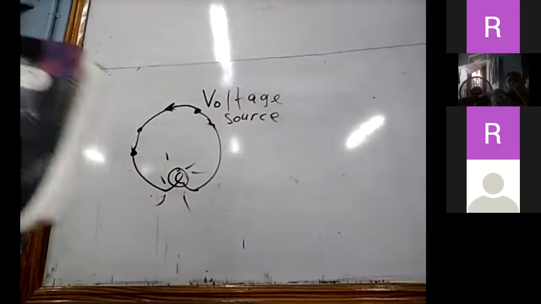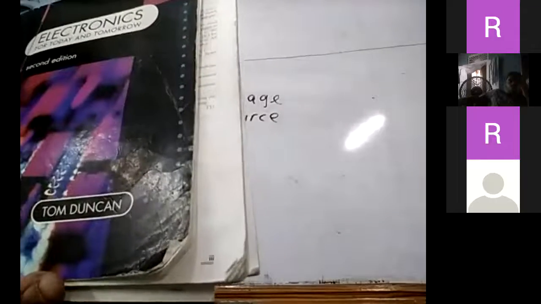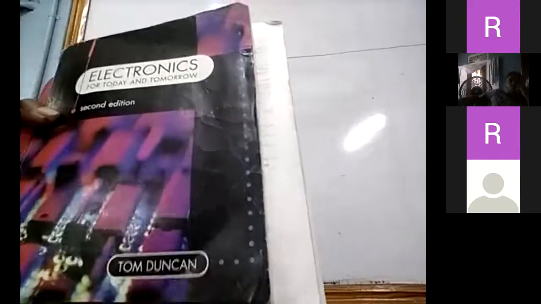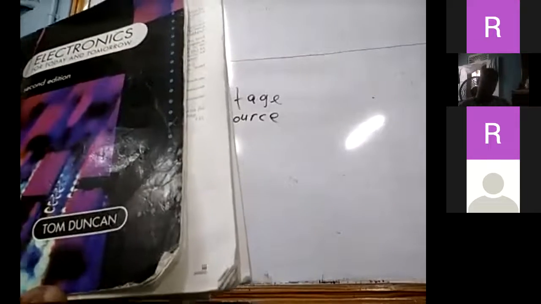This one. This book, Electronics for Today and Tomorrow, second edition, Tom Duncan. So we call this book the Tom Duncan book. We have a lot of them in the library, and you can buy it at the bookstore. We're going to use this book extensively.